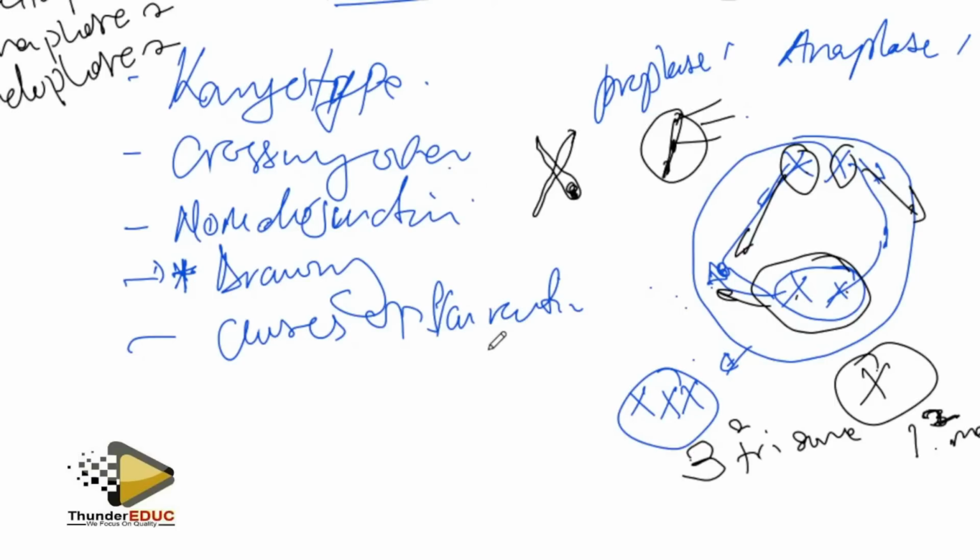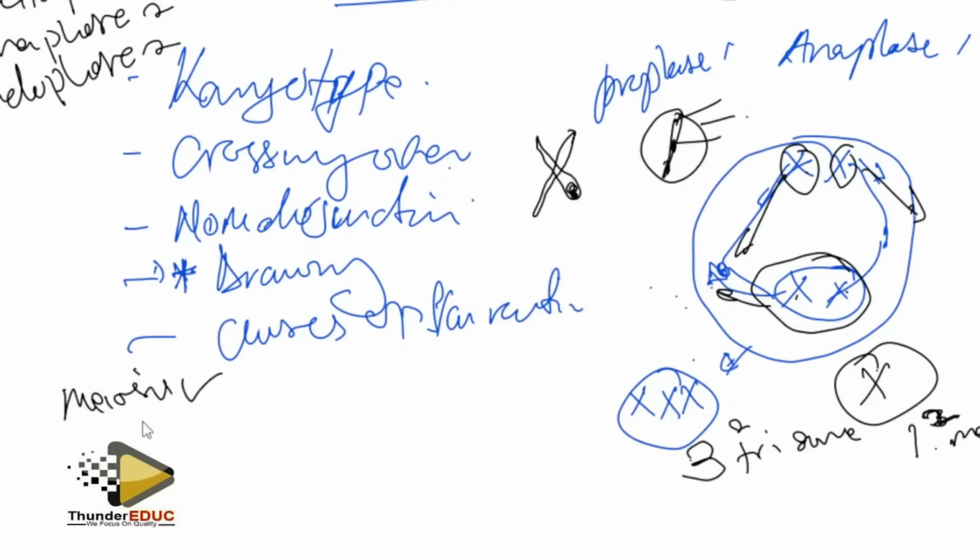Now, what are some of the causes of variation? If you're comparing humans, you must compare humans. The major mistake students make in this exam: if they ask you for 3 causes of variation, the first thing the student is going to say is meiosis. Yeah, we shall say correct.